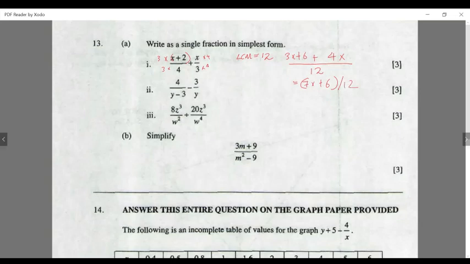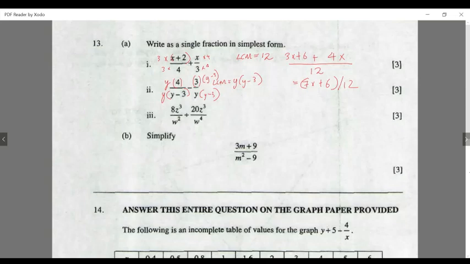Okay, next one. So again, we need to do the same thing. The lowest common multiple is y times y minus 3, because you see that you just need to multiply these. So let's do that. So multiply both the numerator and denominator here by y, and here by y minus 3.